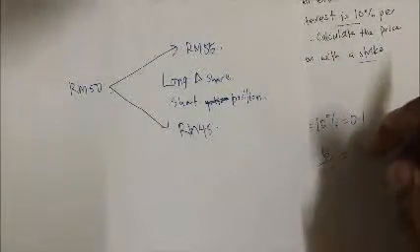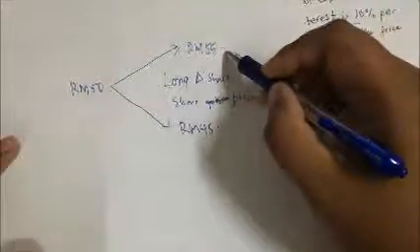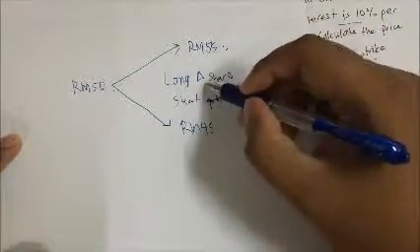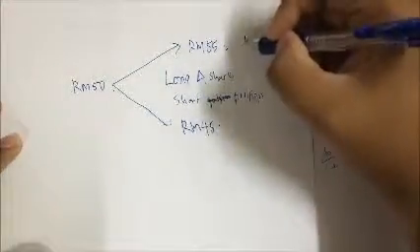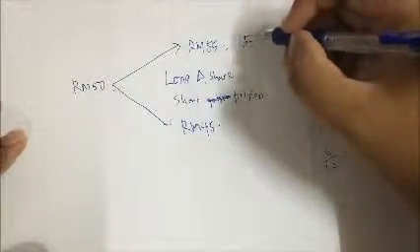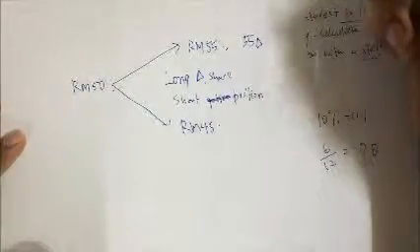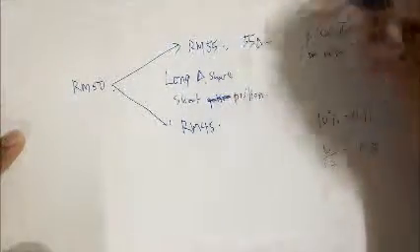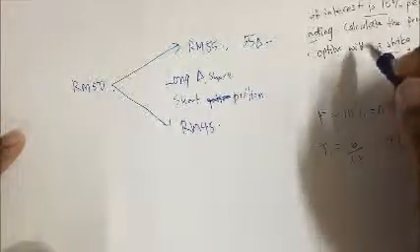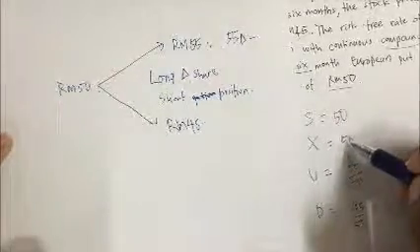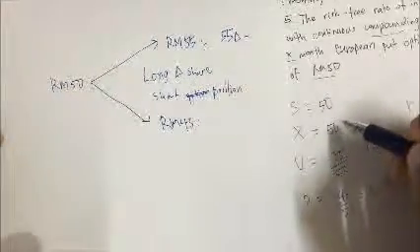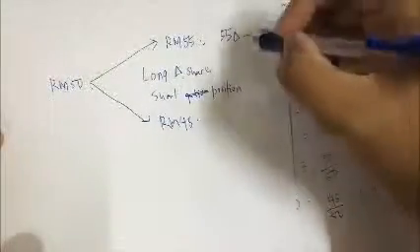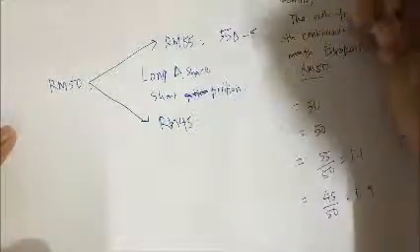If the stock goes up, the payoff from the long fractional share is 55 times delta, the fraction that we own and are going to find, minus the difference between the stock price and the strike price on the short option, so we will be owing 5 ringgit.